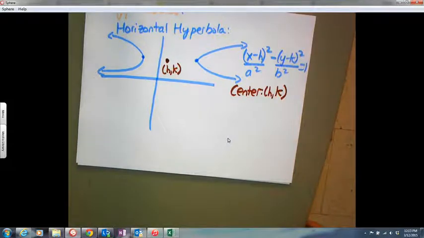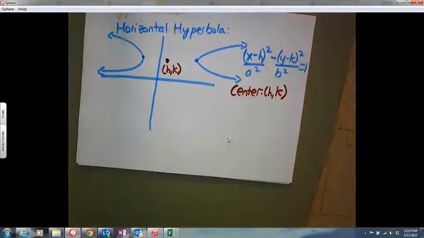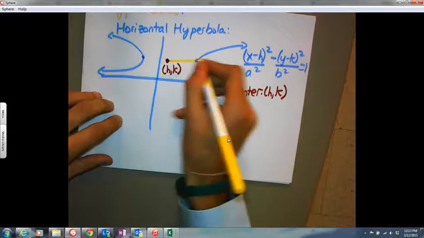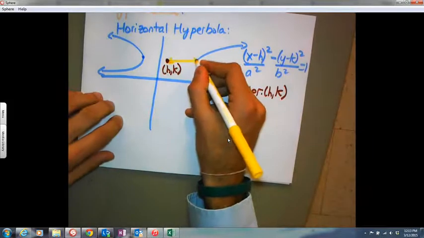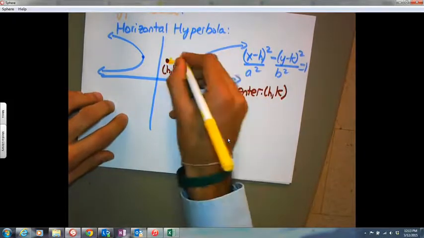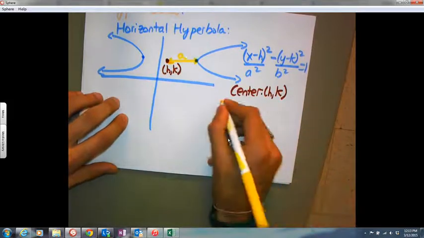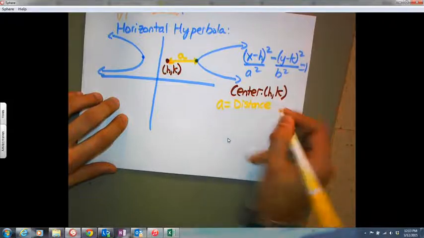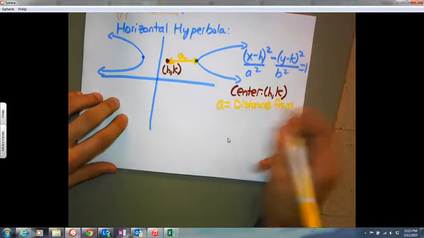The distance from center to, we call this the vertex, this distance is a. So a is the distance from center to vertex.